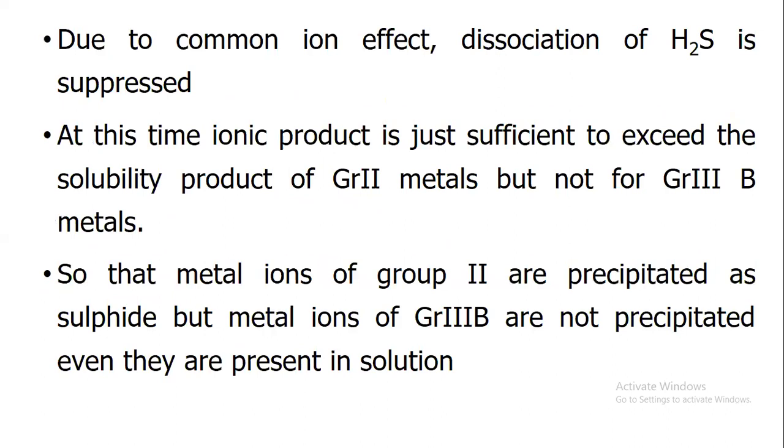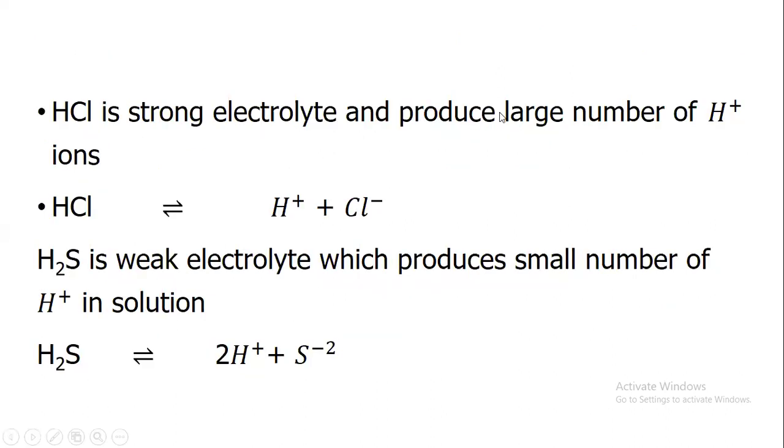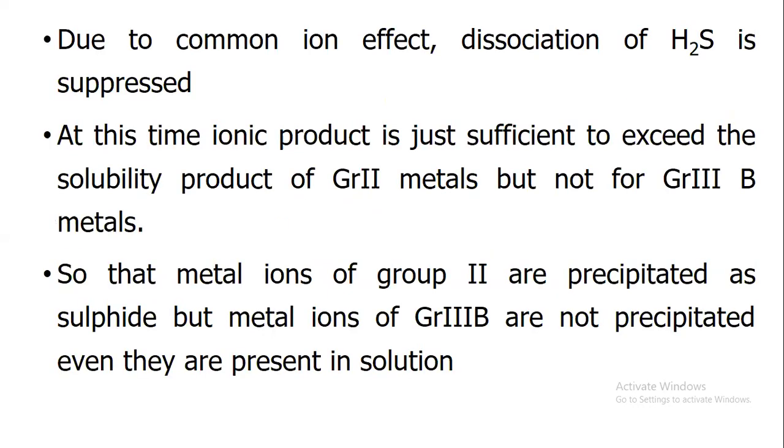Hydrochloric acid is a strong electrolyte and produces a large number of H plus ions. Hydrogen sulfide is a weak electrolyte which produces a small number of hydrogen ions in solution. Due to the common ion effect, the dissociation of hydrogen sulfide is suppressed.